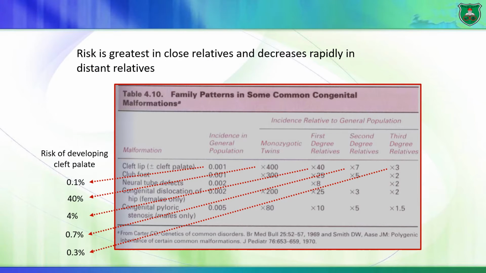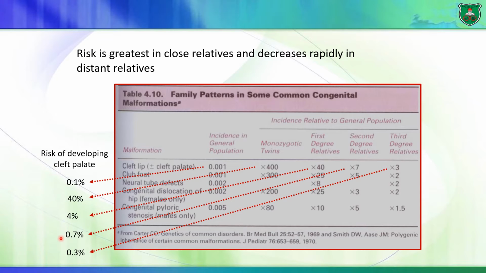So the risk is greatest in close relatives. This is looking at certain congenital malformations like cleft lip. Incidence in the general population is 1 in 1,000. If you look at monozygotic twins, the risk is 400 times this, about 40% instead of 0.1%. For first degree relatives, it's about 4%.